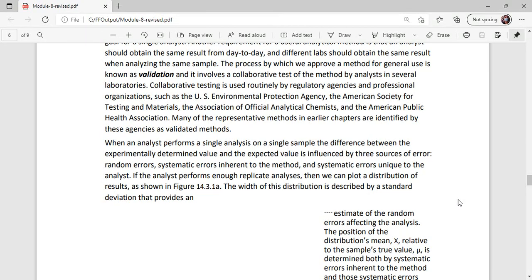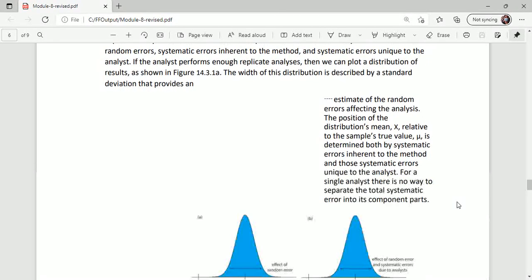The width of this distribution is described by a standard deviation, providing an estimate of the random errors affecting the analysis. The position of the distribution mean relative to the sample's true value is determined by both the systematic errors inherent to the method and those systematic errors unique to the analyst. For a single analyst, there is no way to separate the total systematic error into its component parts.